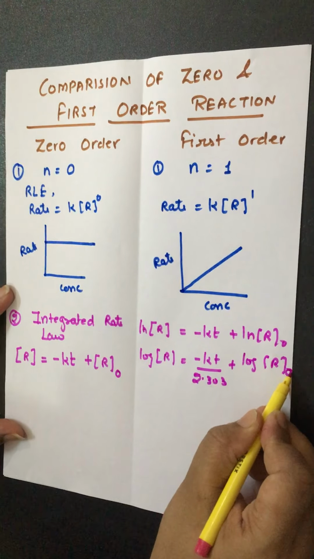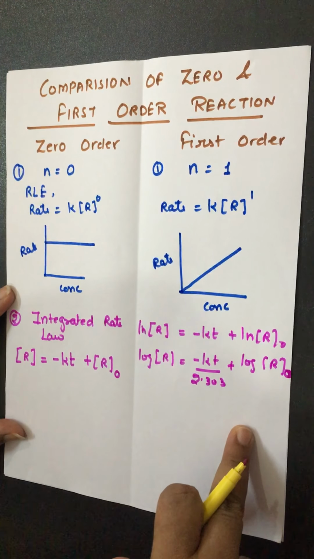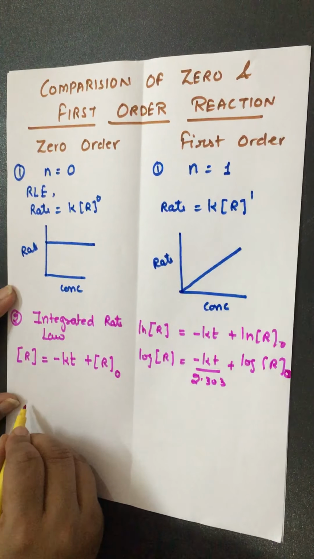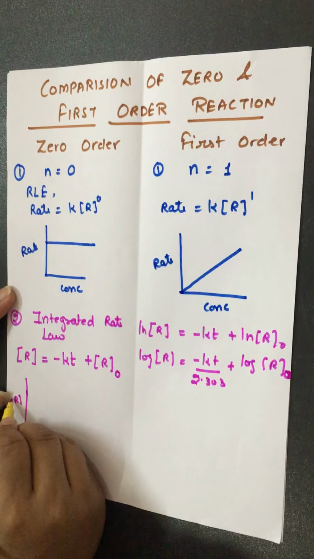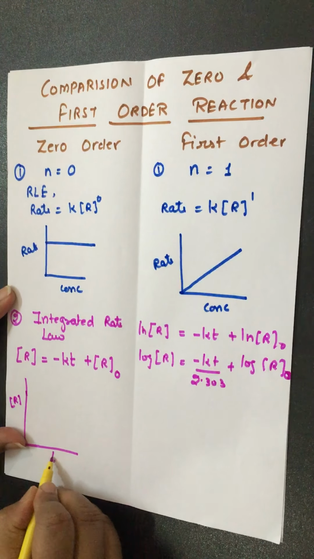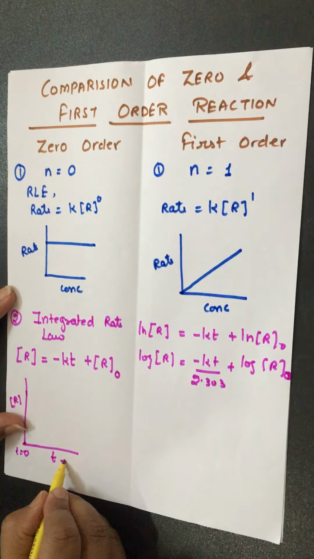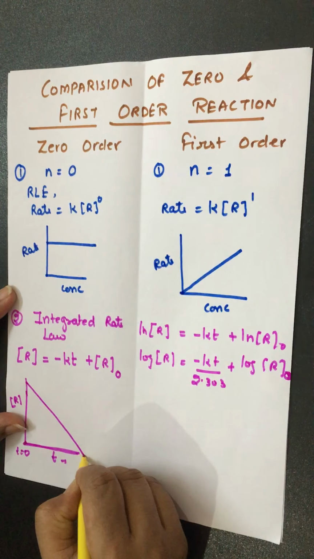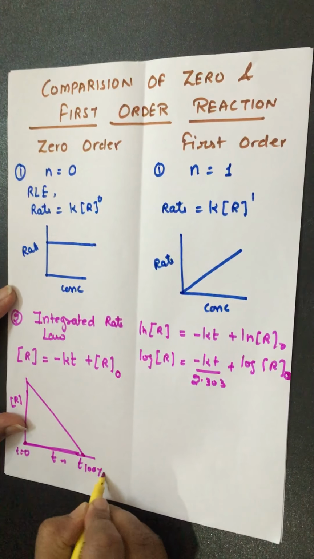You know about the integrated rate law equation for the zero and the first order, right? Now we will try to plot graph. For zero order, if I plot a graph between the concentration of reactant and time, this point shows time 0, and as time increases, concentration of reactant decreases like this, and this point indicates T 100%.